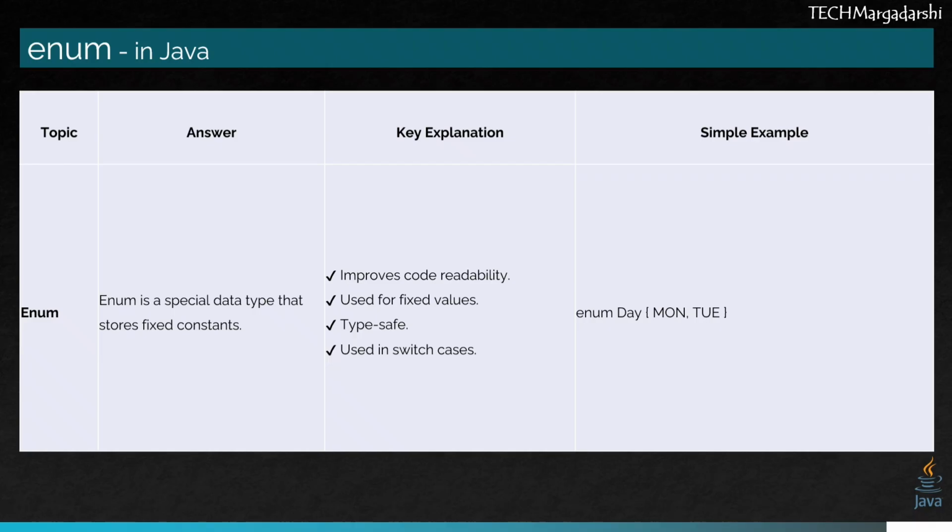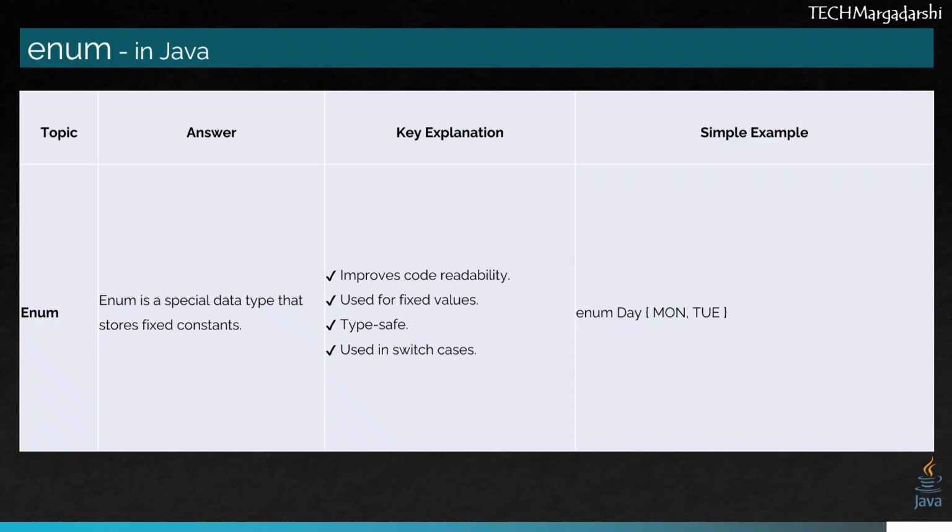Now let's understand what an enum is in Java. An enum, short for enumeration, is a special data type used to store a fixed set of constant values. Enums make your code more readable and meaningful by replacing hard coded values with named constants. They are type safe, which means Java ensures only valid enum values are used.